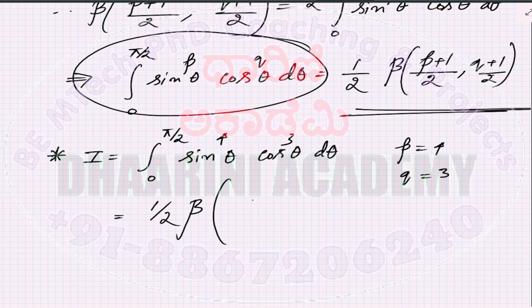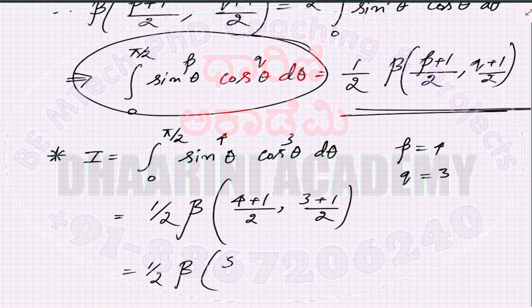So this is 4 plus 1 by 2, comma 3 plus 1 by 2. Simply compare them. So this is half of the beta function of 5 by 2, comma 4 by 2, which is 2.